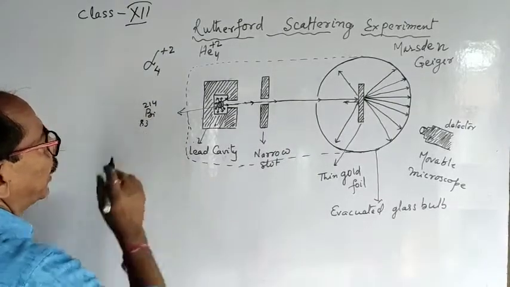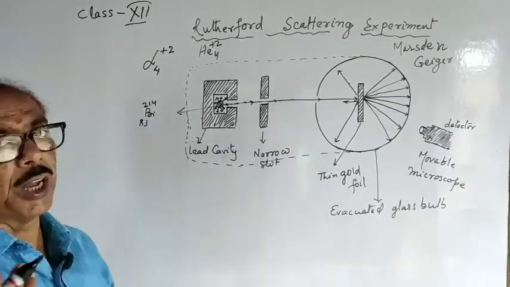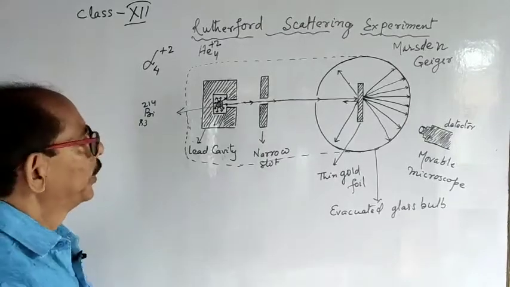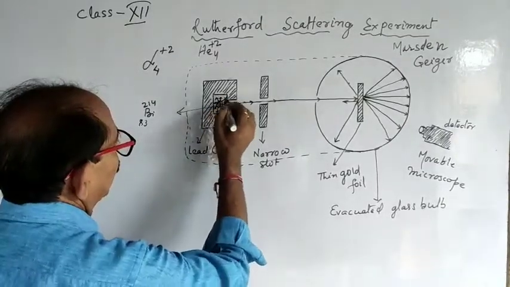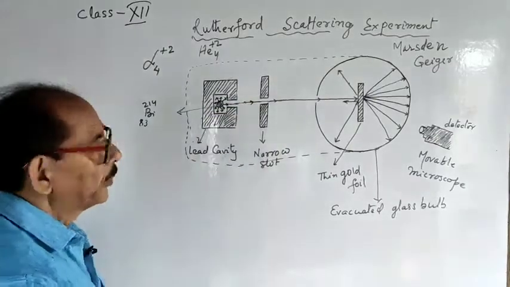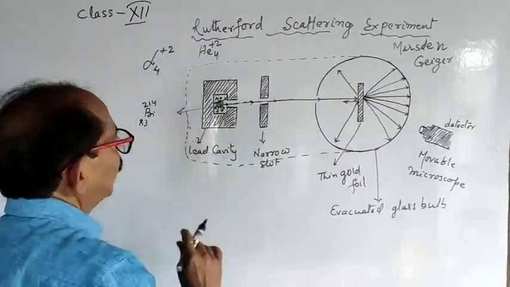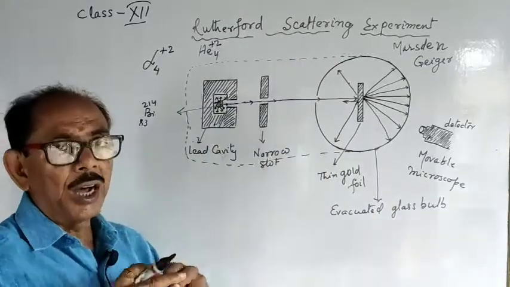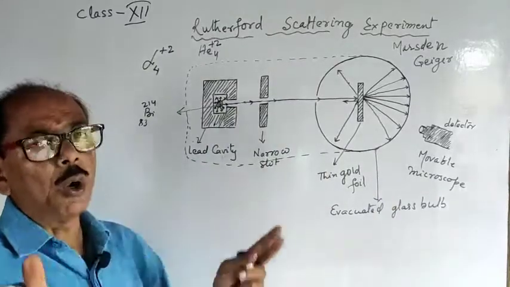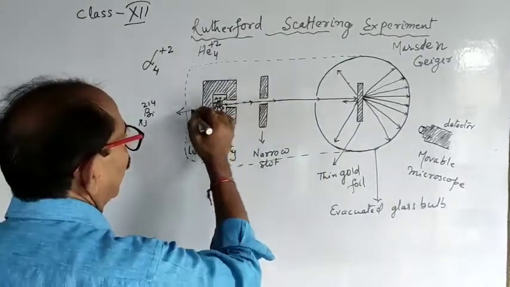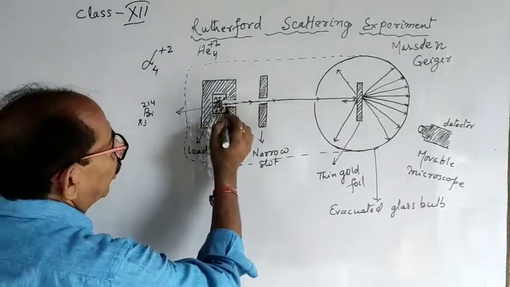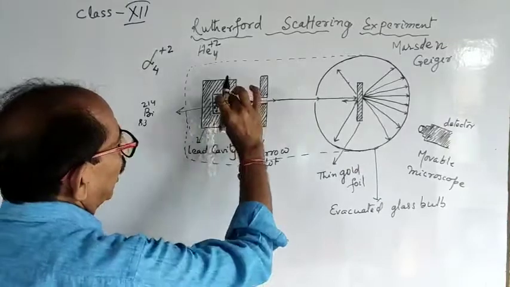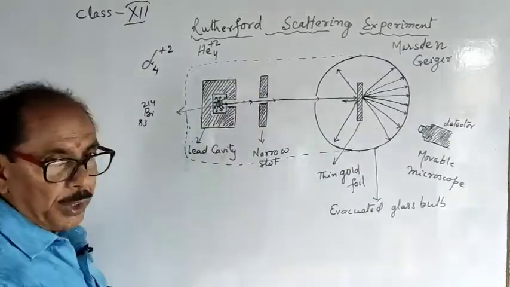Bismuth is a radioactive element which produces alpha particles. This bismuth is placed in the cavity made in the lead box, from which the alpha particles are thrown out in all possible directions. Narrow holes are made in the lead cavity.